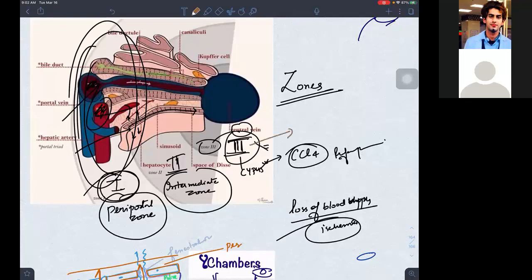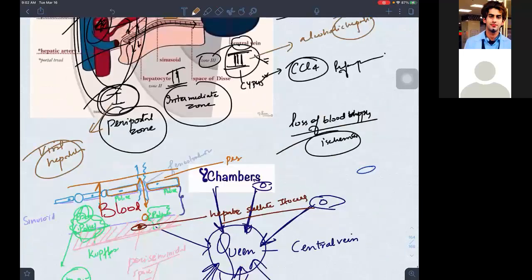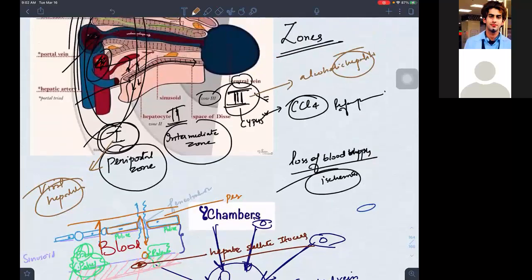Zone 3 is the place where you will have alcoholic hepatitis. What is special about zone 1? It is the site for viral hepatitis. I'm integrating this with clinical and pathology. So this is the zone for viral hepatitis, and this is the zone for alcoholic hepatitis.